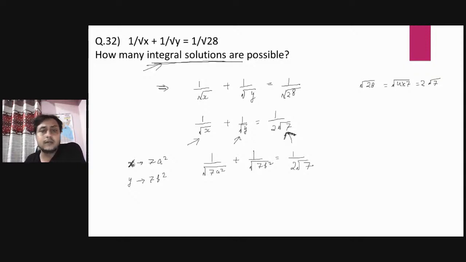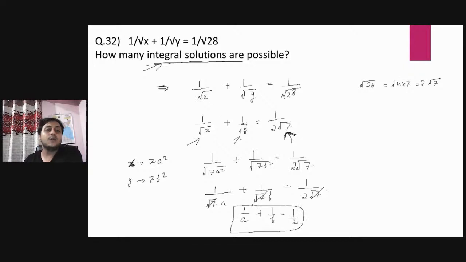So this becomes 1 upon root 7 a plus 1 upon root 7 b equals 1 upon 2 root 7. This root 7 cancels out. It becomes 1 by a plus 1 by b equals 1 by 2. So you have to find the integral solution. Now you can easily solve this question.